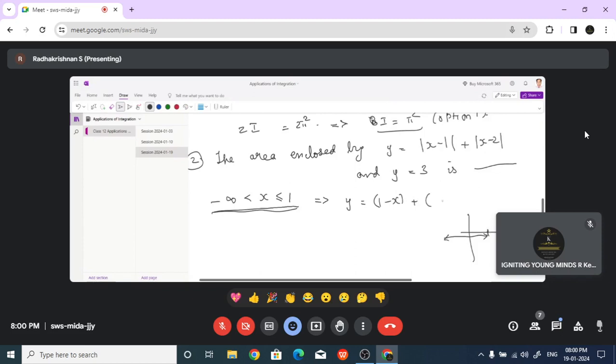So for both, you have to apply negative factor. That's why x minus 1 becomes 1 minus x, x minus 2 becomes 2 minus x. So this will be your equation in the range negative infinity to 1. Okay, y equal to 3 minus 2x.